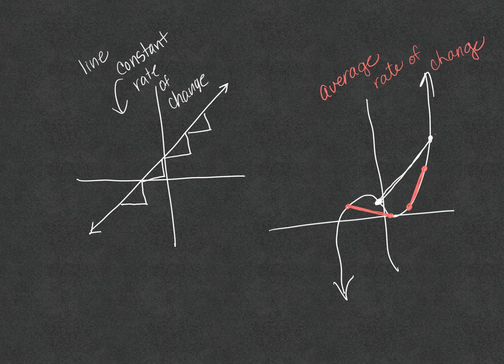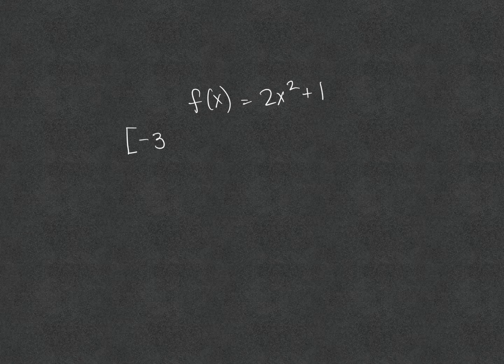Let's take a look at a couple examples with real numbers. Let's say I am looking at the rate of change for the function 2x squared plus 1 on the following different intervals, from x is -3 to -2, or the interval 0, 2.